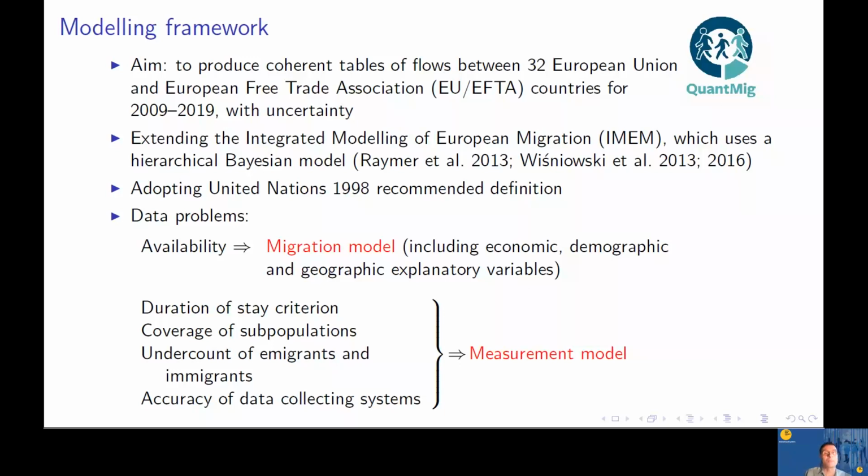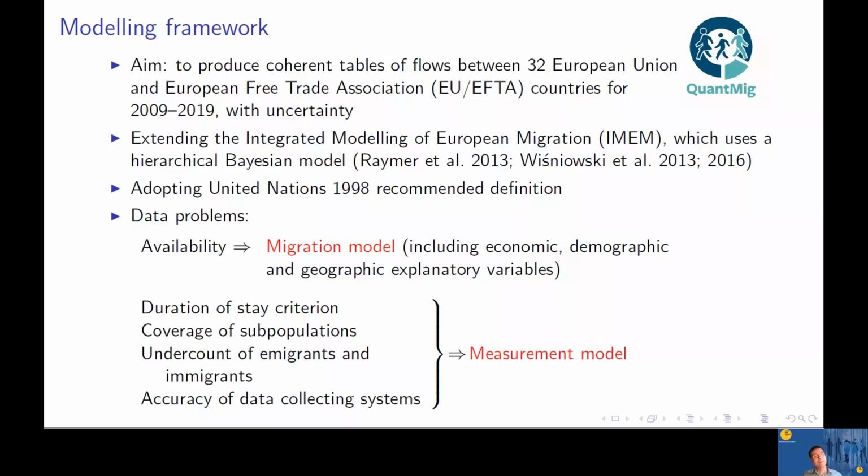Some countries, as I mentioned, undercount emigrants and immigrants, and this is based on the sorts of data collection methods, and we've reviewed the data and the metadata about the data collection methods, and we've classified the flows or the countries into countries that are excellent, so they have no or very little undercount, countries that have low undercount, so they're relatively good, but not as good as the excellent countries, and those that have high undercount, which is they're likely to miss the largest number of migrants.